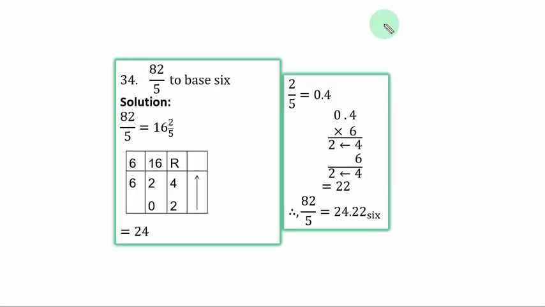Example 34, you have 82/5 in base 10 to base 6.